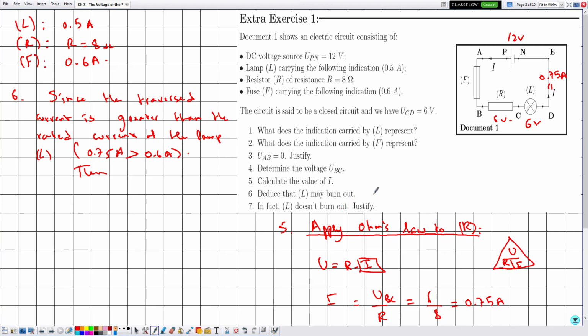Since they specified it may burn out, let me say then it may burn out.